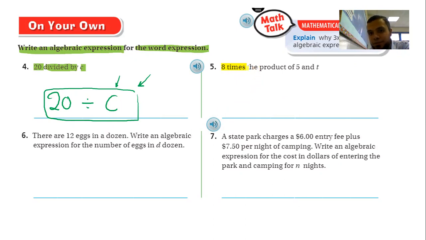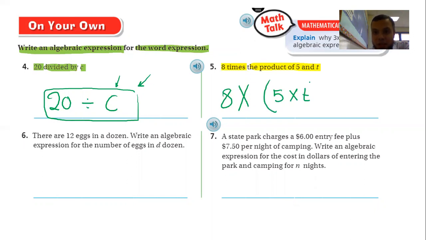8 times the product of 5 and t. 8 times the product. I mean the multiplication symbol again of 5 and t.